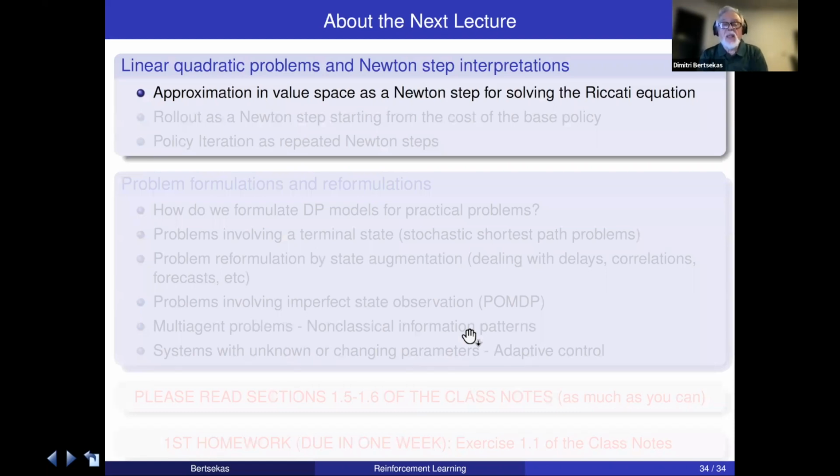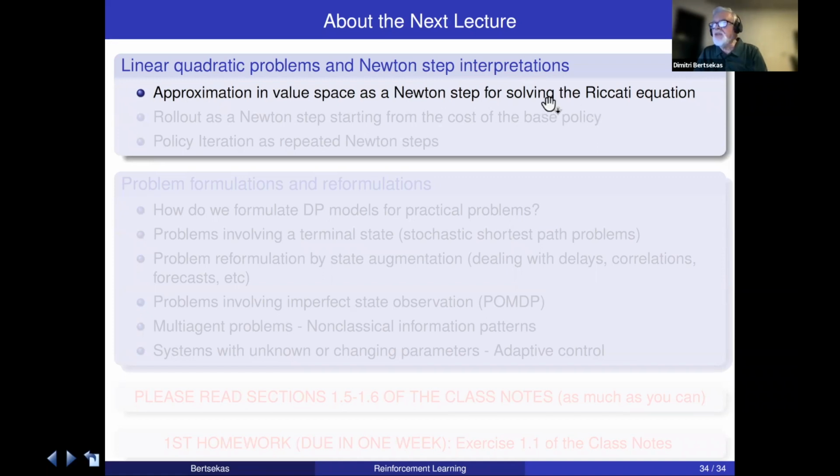Okay, so what's in store for the next lecture? We're going to start with linear quadratic problems, and discuss visualizations, in particular, interpretations of the Newton step. In addition, we're going to interpret policy iteration as Newton's method. In particular, approximation in value space will be viewed as a Newton step for solving the Riccati equation.